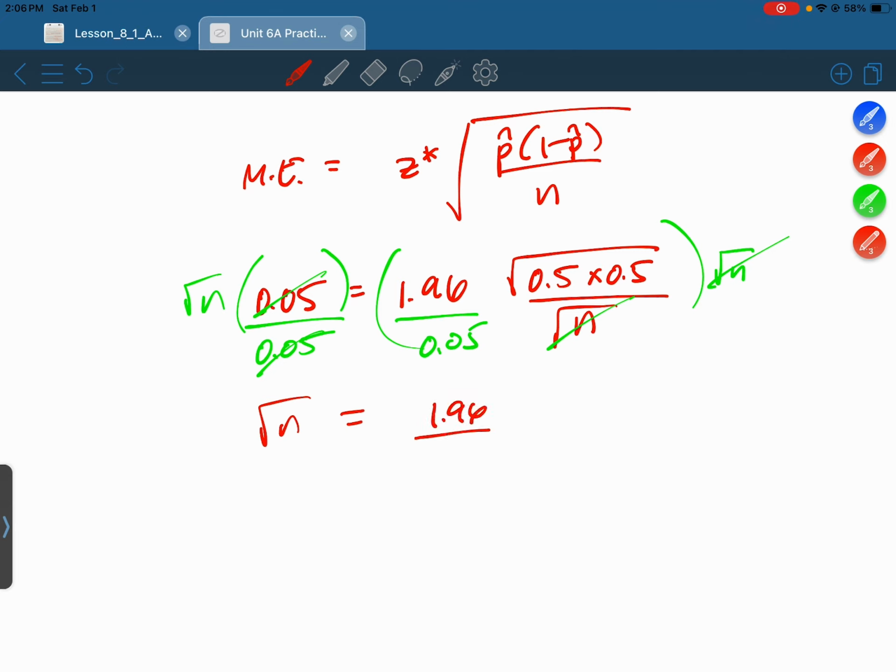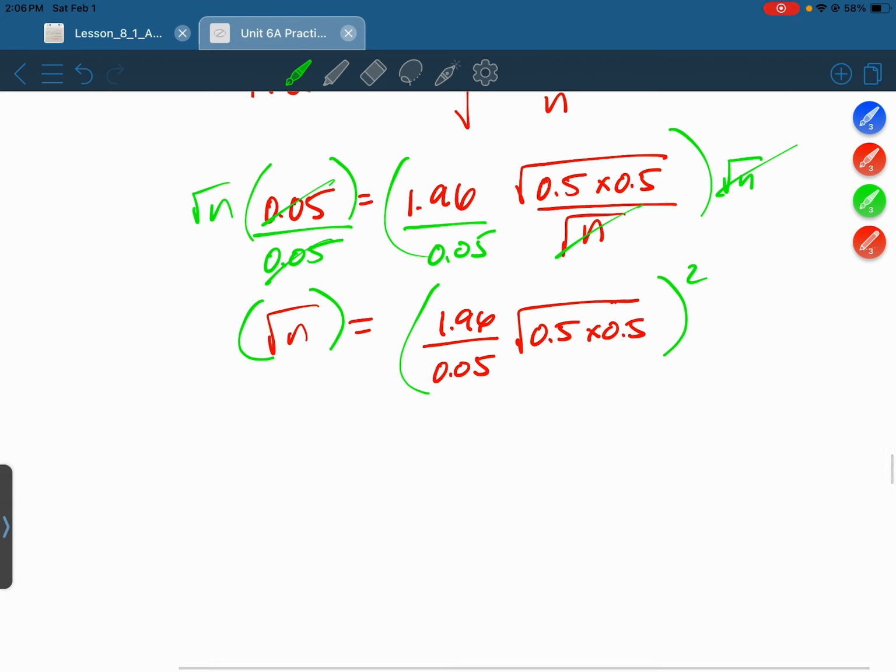So now we've got root n equals 1.96 over 0.05 times the square root of 0.5 times 0.5. And then we'll square both sides. Forgot to write the square there.